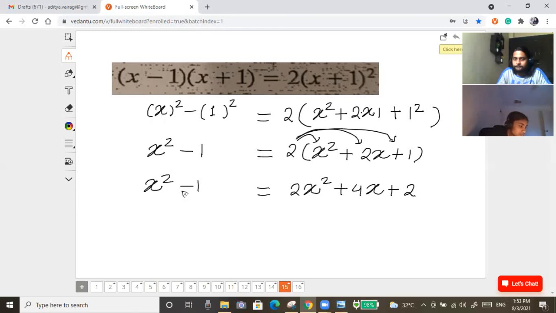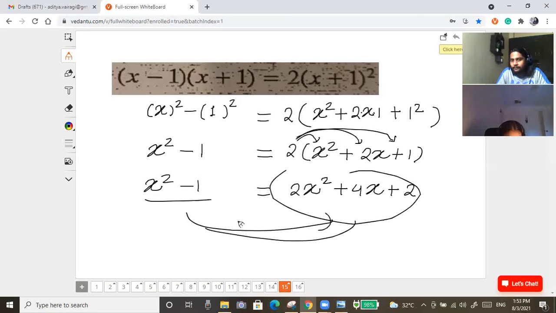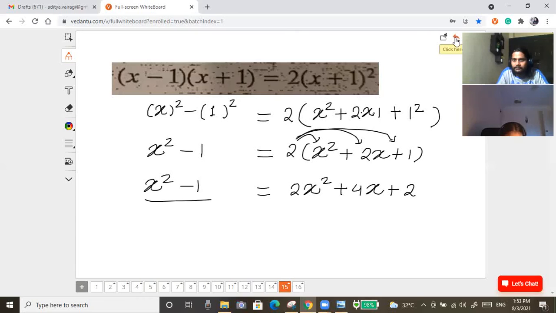Now what we do, we can either bring those terms to this side or even these terms we can bring to this side. Equally, it's okay. Let us bring these terms to the other side. So this is already x squared and we bring this 2x squared to this side. So it simply becomes negative. We bring 4x, it also becomes negative.